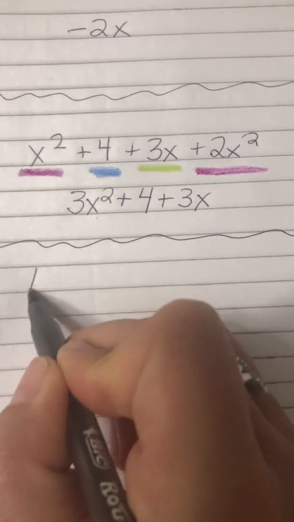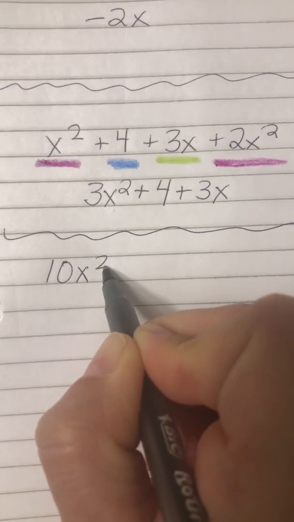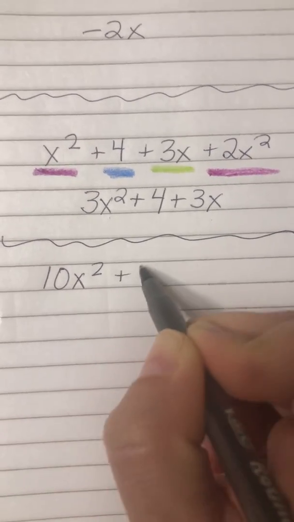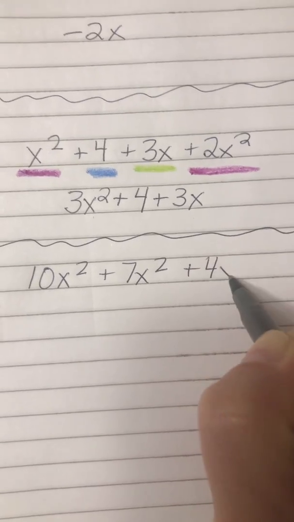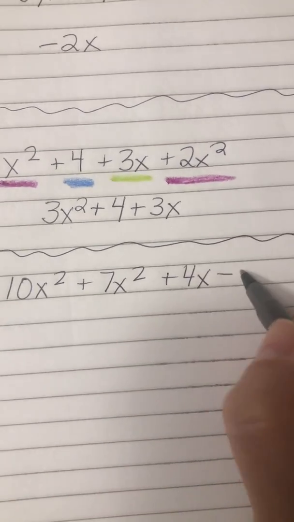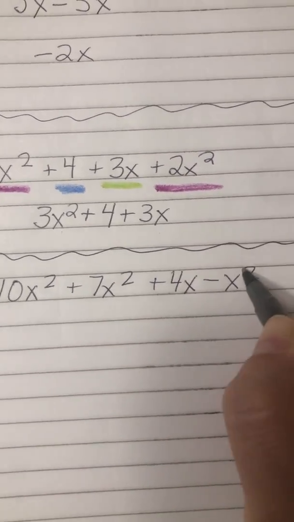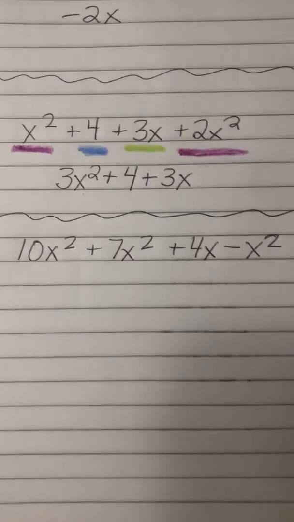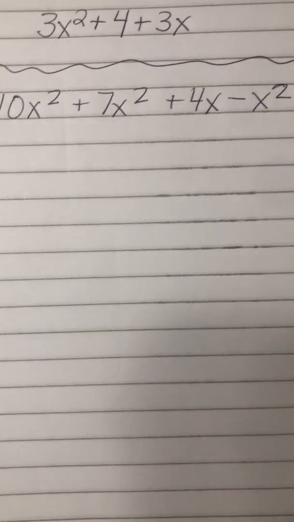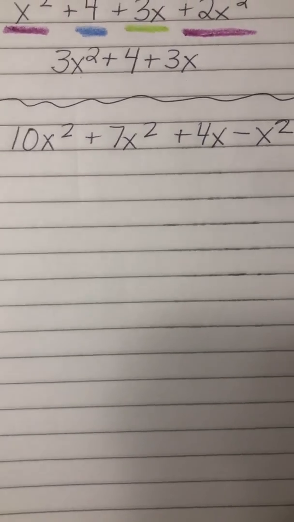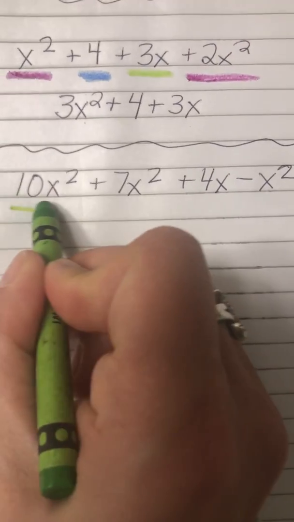Let's try the expression 10x squared plus 7x squared plus 4x minus x squared. So first of all, I have to recognize the terms. There are 4 terms, and I'm going to underline the like terms, meaning we can combine them.